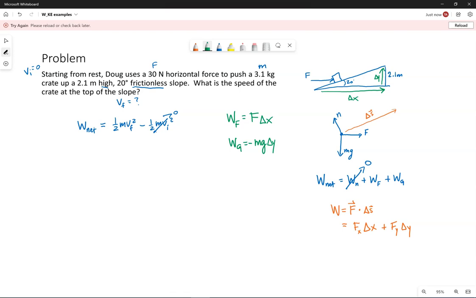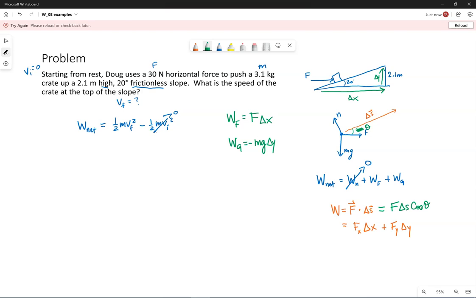Now, by the way, conceptually, just coming at parallel components, this is how I ended up approaching it, because my brain thinks conceptually that way. But in both cases, we can always write the dot product as the magnitude of the two vectors. So the magnitude of the pushing force times the magnitude of delta S times the cosine of the angle between them, which we would need this angle in here.